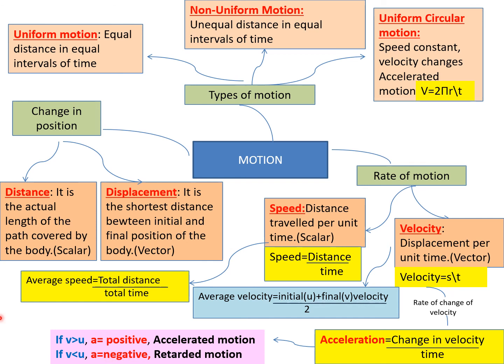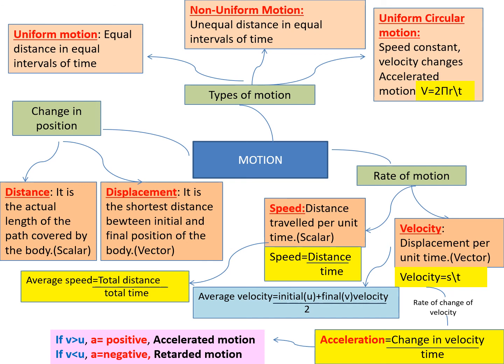Your final velocity is going to be less than the initial one. If it is less than the initial one, then acceleration is going to be negative and it is going to be a retarded motion. So acceleration can be of three types. It can be positive, negative, 0. Positive if the final velocity is greater than the initial, negative when final is smaller than initial, and 0 when final velocity is equals to initial velocity.